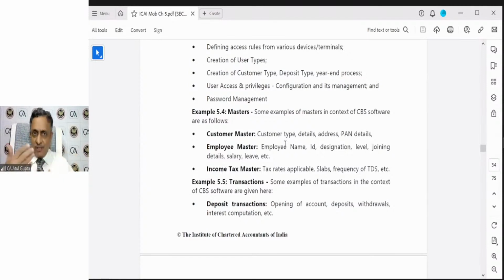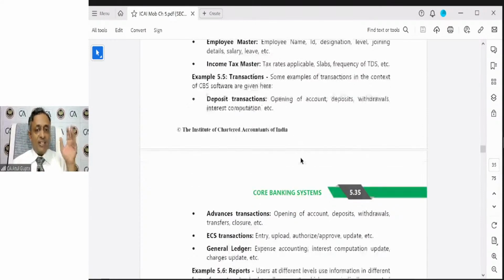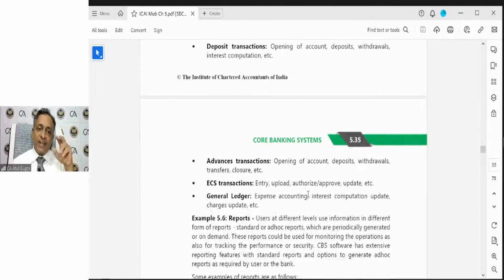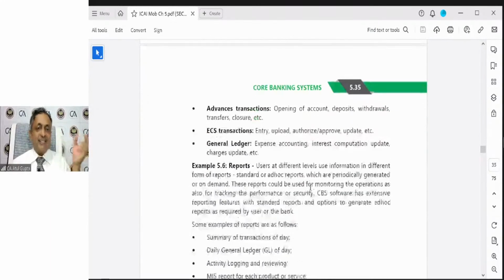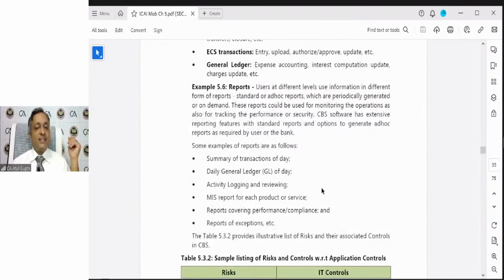I told you that you need to create value in whatever there is in the module. Then transactions: deposit transactions, advance transactions, ECS transactions, and GL reports. And the last part is the reports that are generated from the banking system.